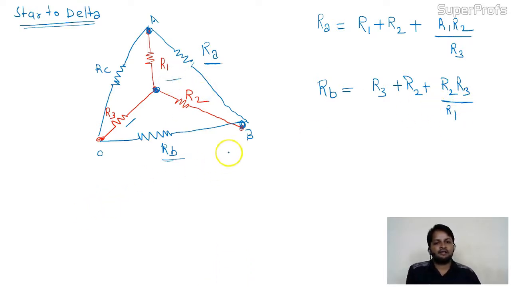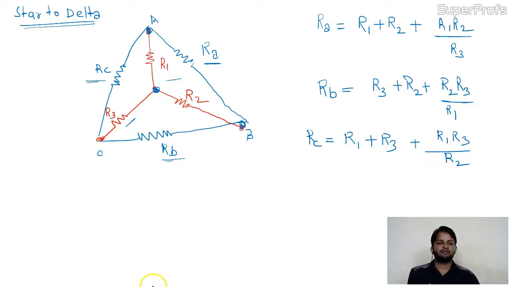Is it okay? Come to RC now. Where is RC? Here is RC, connected with R1 and R3. Okay, no problem: R1 plus R3, plus R1 R3 divided by the remaining one, R2. This is the star to delta conversion, or star to delta transformation.